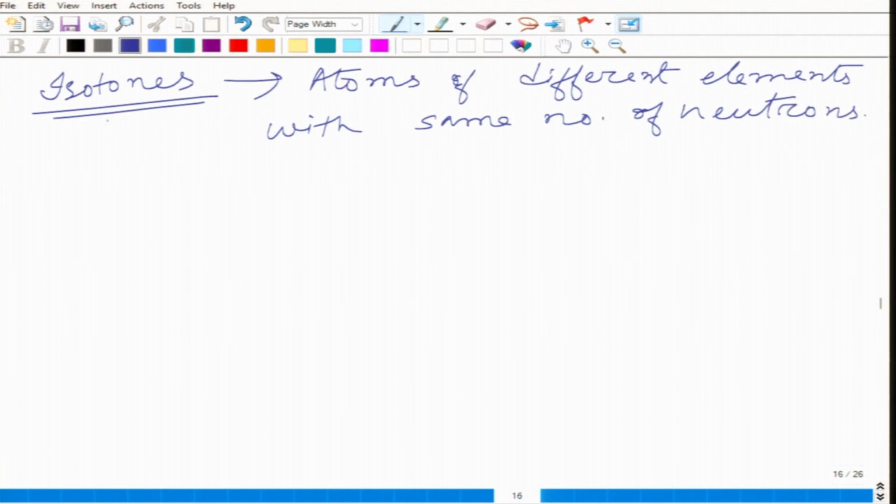Isotones are also called isoneutronic species or isotonic species.